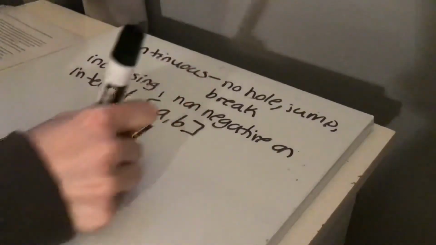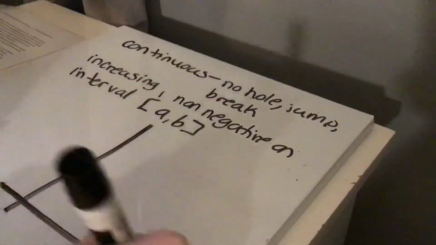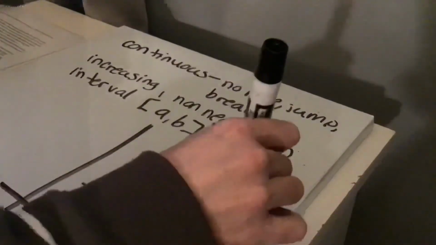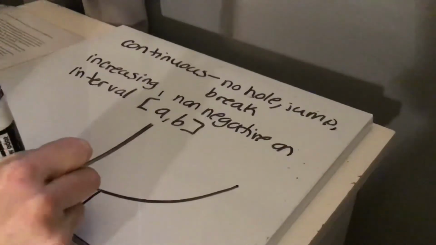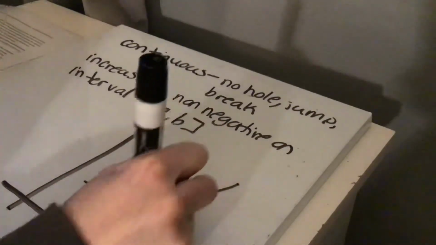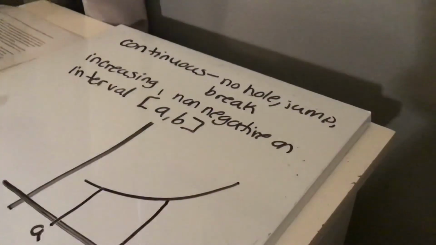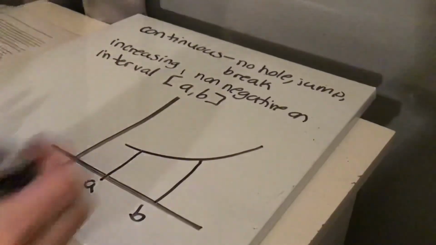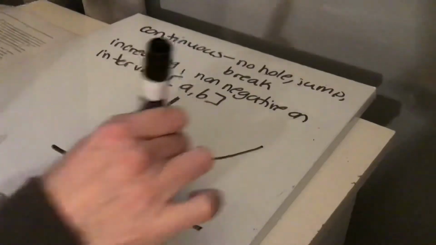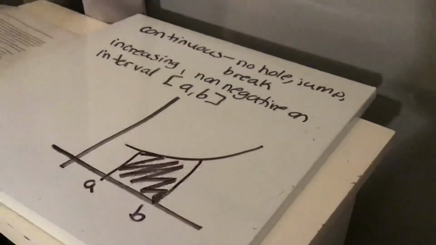So here's the curve, okay? So this is one boundary. Here's our x equals a and x equals b. And then the x-axis. So we're talking about this area here, bound by the curve, x equals a, x equals b, and the x-axis.